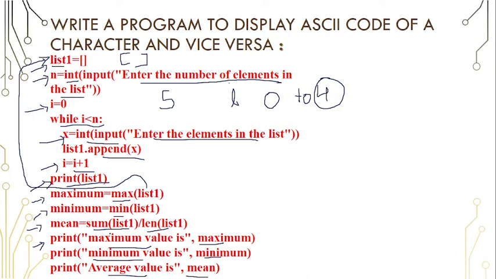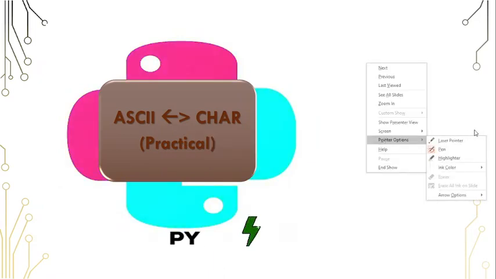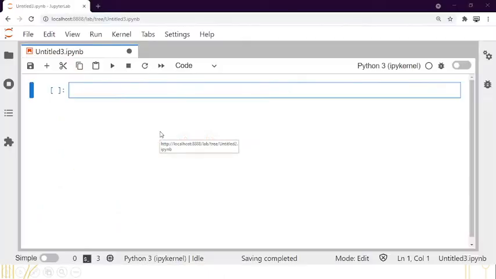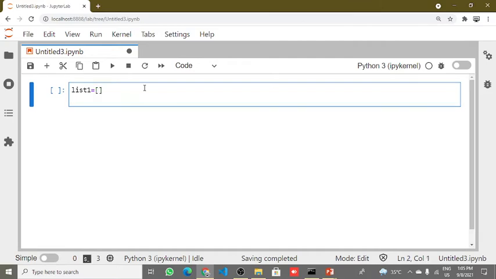So this is our theoretical program. Now we will perform a practical for the same. First of all we have declared an empty list. Then for number of elements we are using a function int input, enter number of elements for the list.